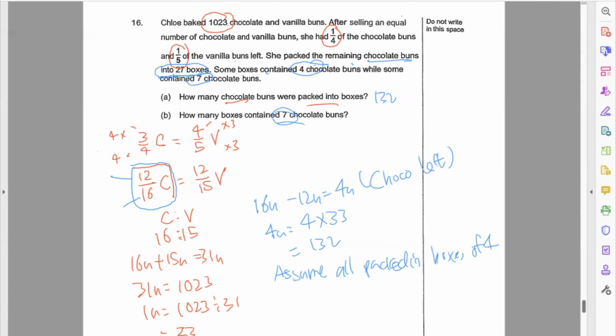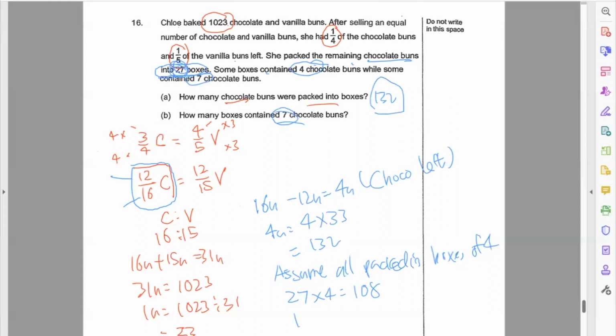If all are packed in boxes of 4, you will require 27 boxes times 4, altogether 108 buns, right? But in our calculation, there are 132 buns.